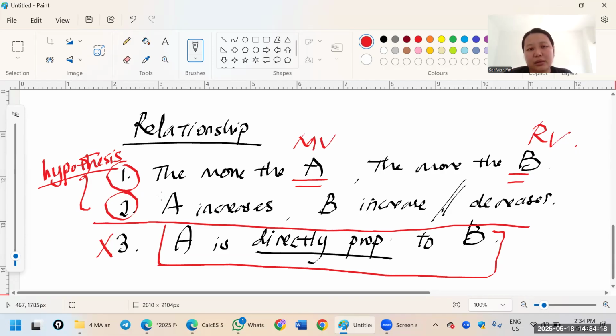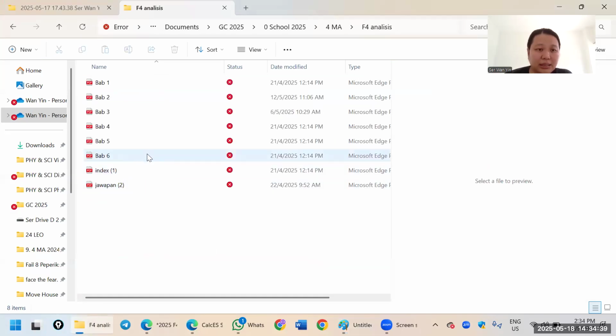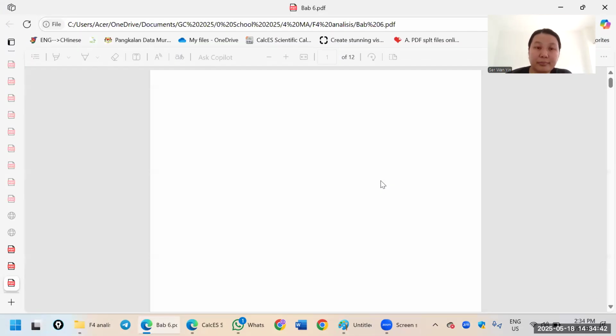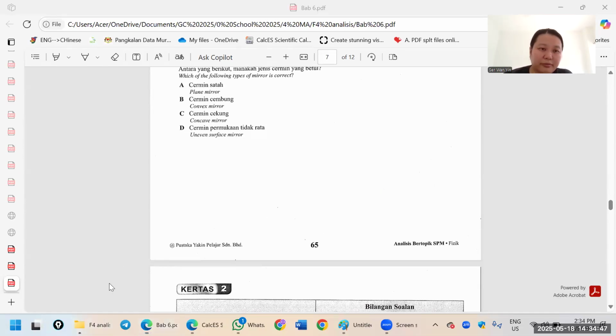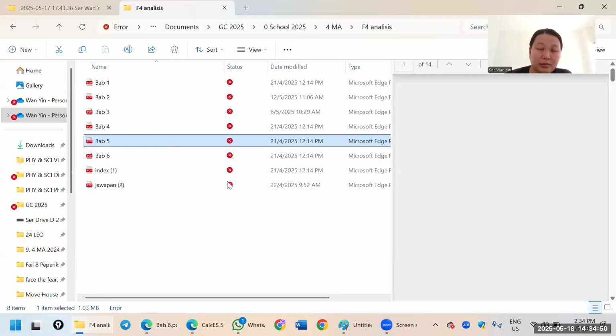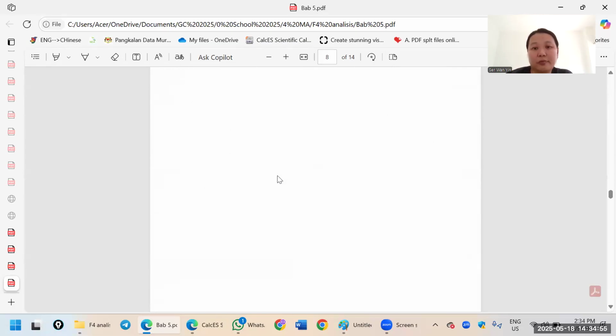So I still encourage you to remember when A increases, B increases or something. Why is this one not encouraged? Because 99% can. But if the 1% cannot, you lose 2 marks. Where is it? Let me see your analysis. Chapter 5. So I encourage you all to write in hypothesis form.